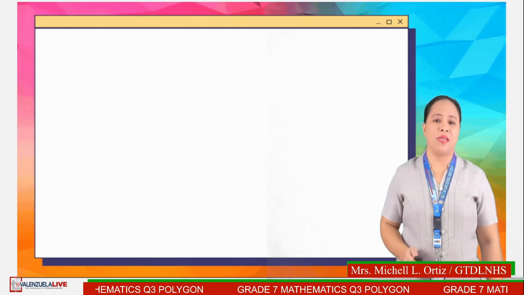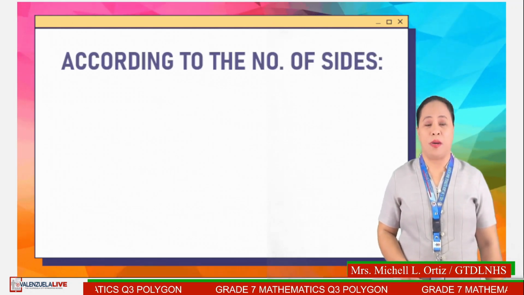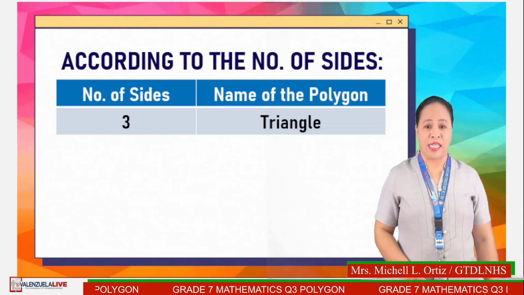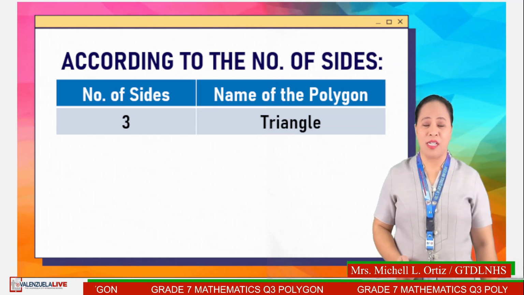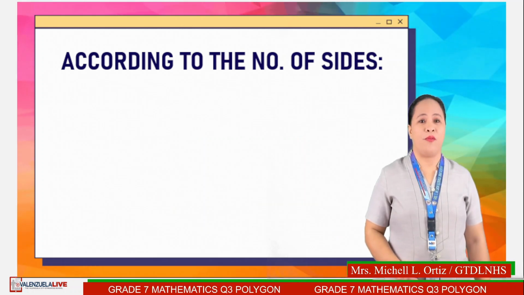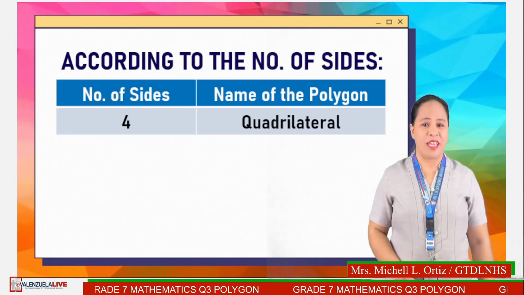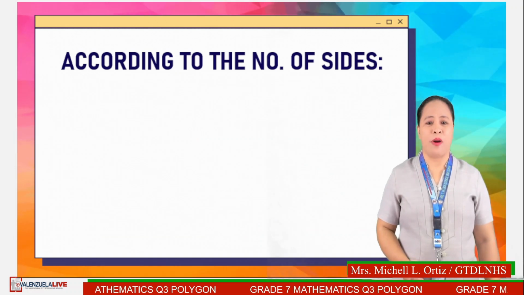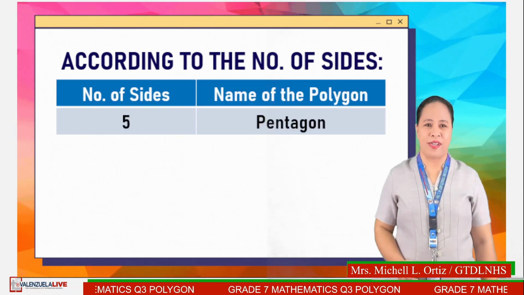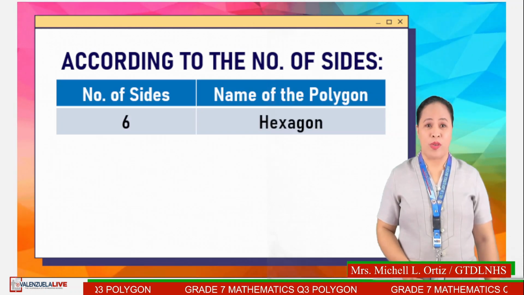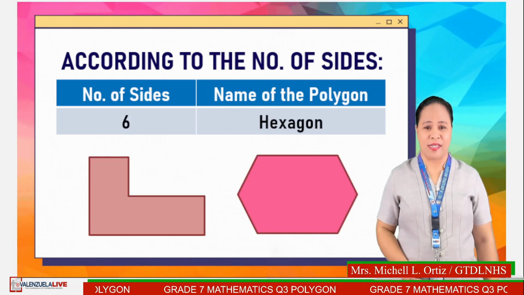Also, polygons can be classified according to the number of sides. A 3-sided polygon is called a triangle. A polygon with 4 sides is called a quadrilateral. A 5-sided polygon is a pentagon. A polygon with 6 sides is a hexagon.